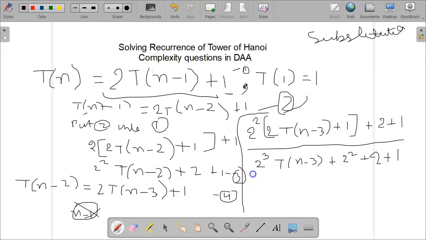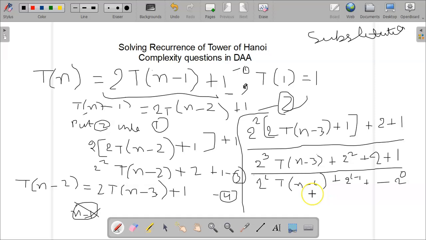Now if we look at this very closely, with i equal to 3 in this particular equation, we can generalize it. We get 2 raised to the power of i times T(n-i) plus 2 raised to the power of i-1, and so on till 2 raised to the power of 0, which is 1.